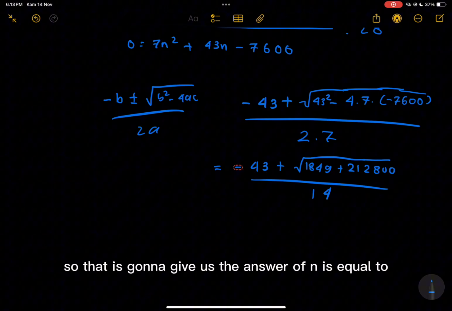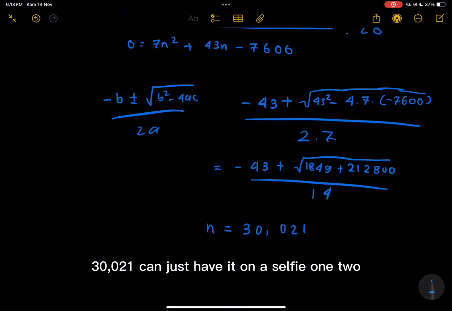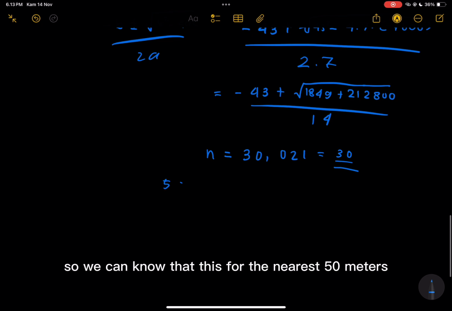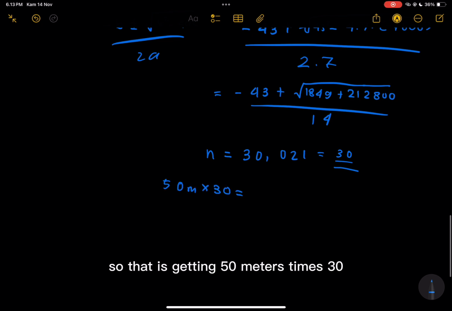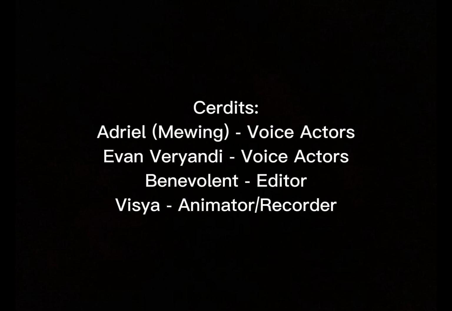So that is gonna give us the answer of n equal to 30.021. You can just calculate it yourself if you want to, but we're gonna get this answer, so that is equal to 30. So for the nearest 50 meters, that is going to be 50 meters times 30, which is equal to 1,500 meters.